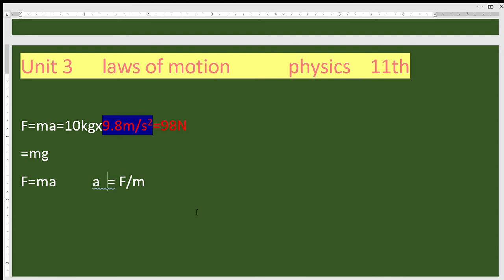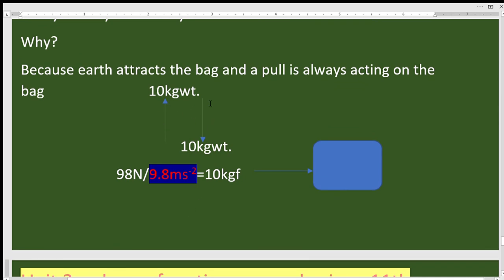There is no direct fight or quarrel between Earth and you, but you feel the weight because Earth is attracting that mass and you are carrying that mass against that force. Earth is attracting this 10 kg weight downward, you balance by applying force upward. So you feel tired, you may feel pain, because Earth is attracting and you are opposing that by applying this much force to balance it.